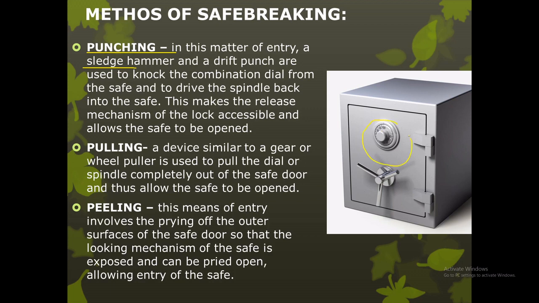Yung part na to mamartilyuhin nila para sira yung dial. Okay? Yung dial ng safe. Then pulling, a device similar to gear or wheel puller is used to pull the dial or the spindle completely out of the safe and thus allow the safe to be open.